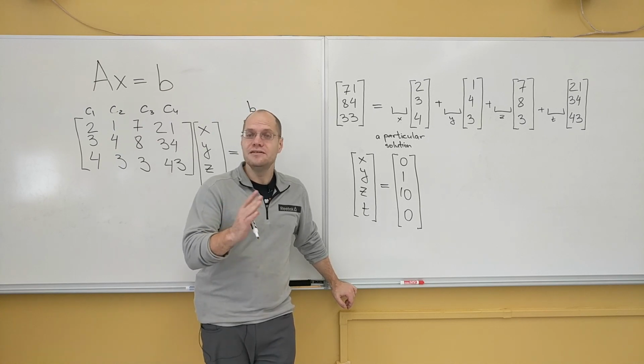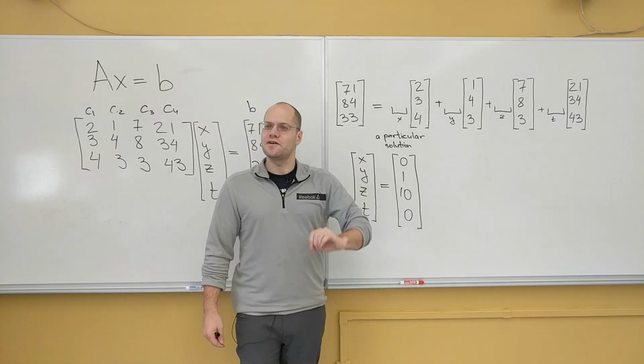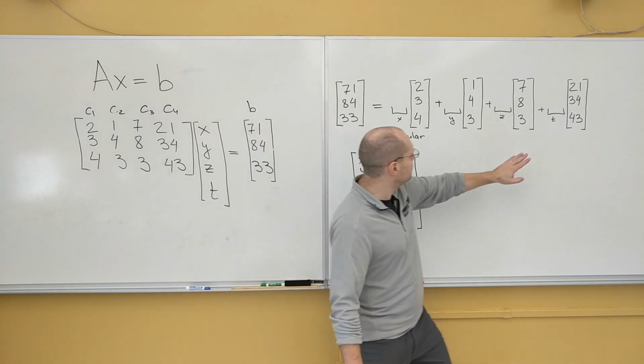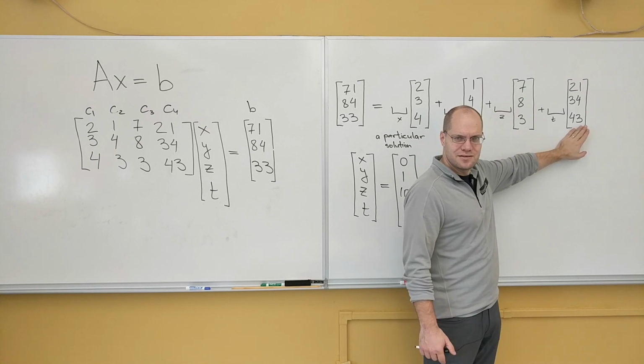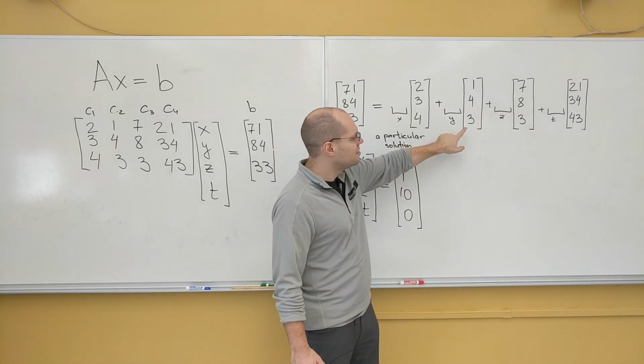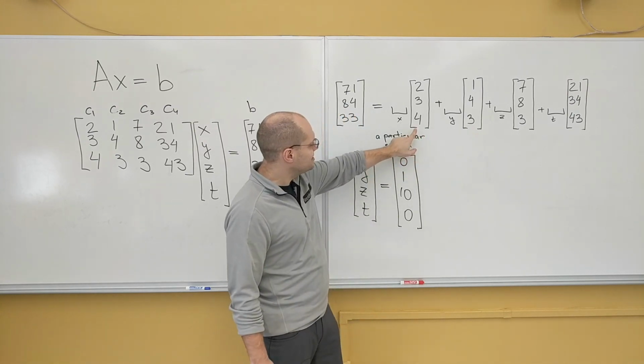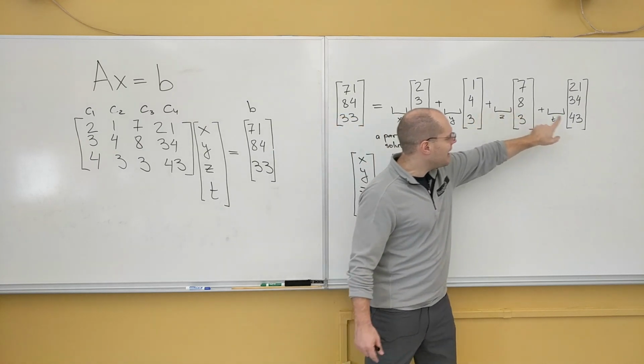Okay, but we actually need to know the relationship. We need to know the specific way in which they're linearly dependent. And the giveaway is, of course, here. This vector is clearly, I made it easy to see, 10 of this plus 1 of this. So if I take 10 of this and 1 of this, I get this one.